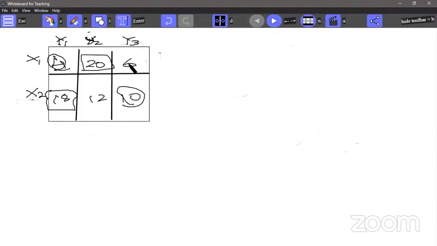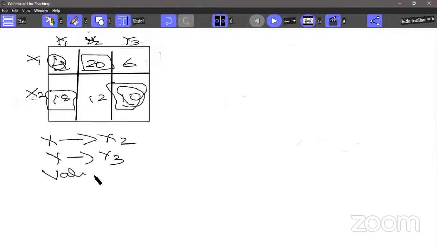If he chooses Y3, the worst case is 10. Do we have a saddle point? Yes. So what is the solution? X will use X2, Y will use Y3. Then the value of the game is 10.